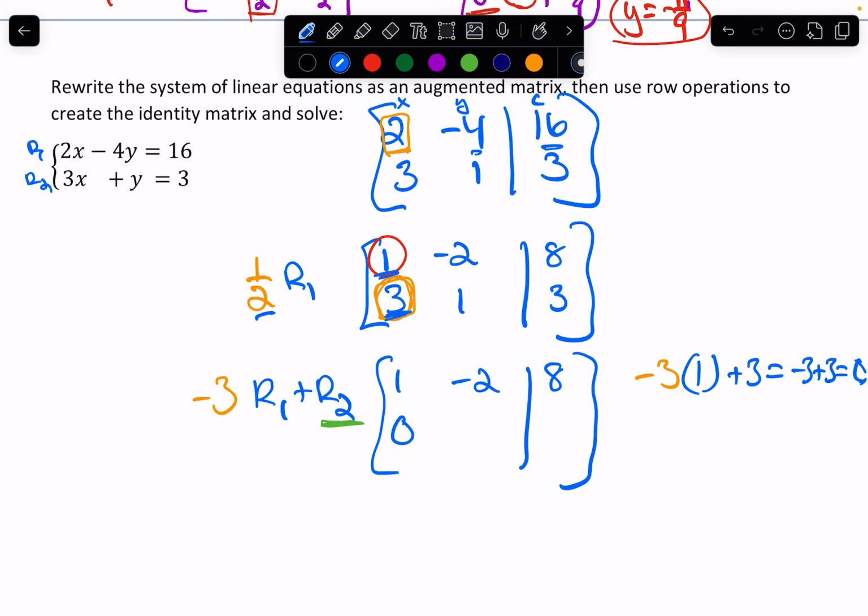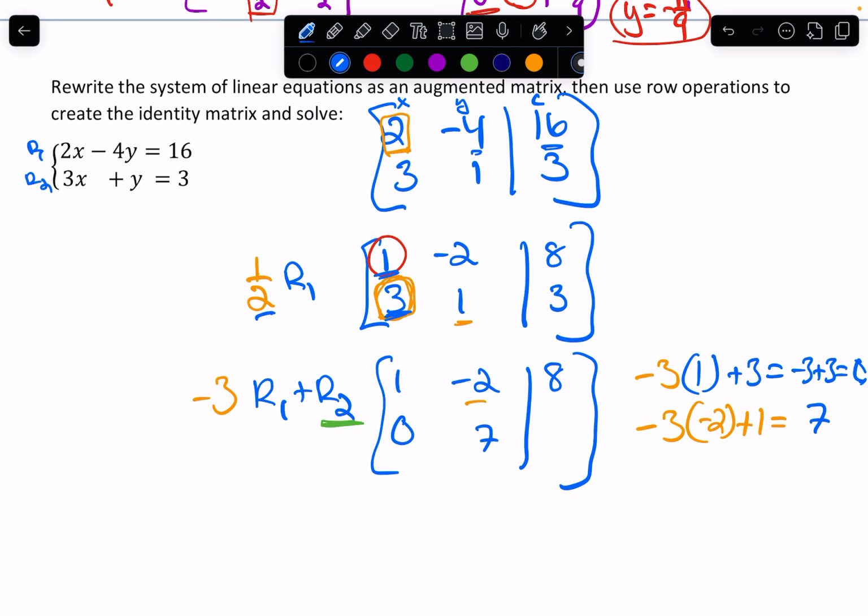Now we need to continue. So -3 times the first row, second column, which is -2. And we need to add the second row, second column to that, which is 1. So we get 6 plus 1, which is 7.